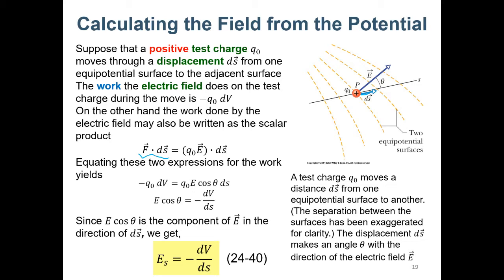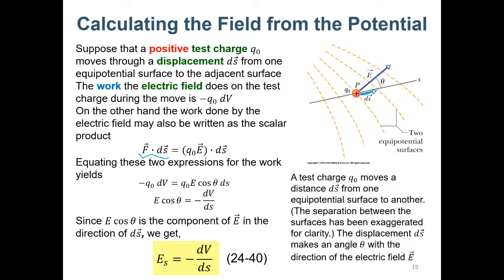According to the definition of the E field, F should be Q0 times the E field. According to the definition of the inner product, it will be Q0 E cosine theta ds, where theta is the angle between the E field and ds.